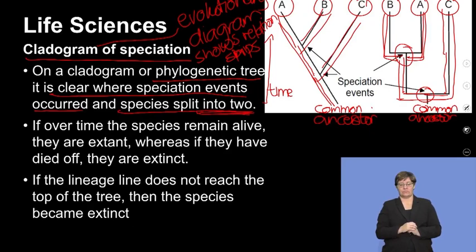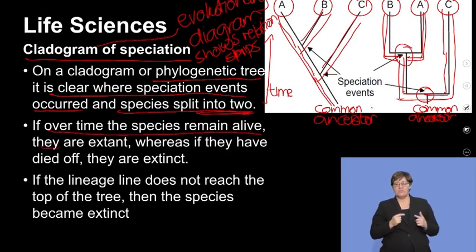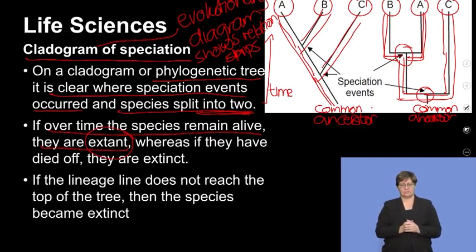Over time, if the species remain alive, they are extant, and extant means that they're still in existence. We can see all of these species are still alive here at the end, so if this were the present time, they would all still be in existence.